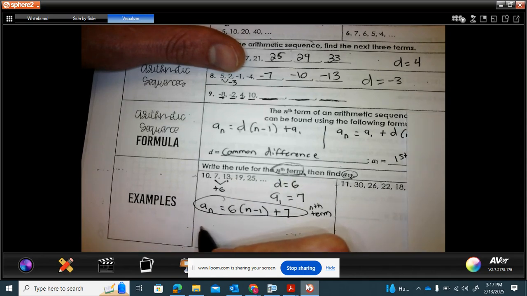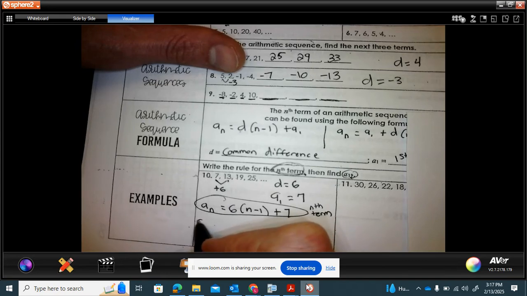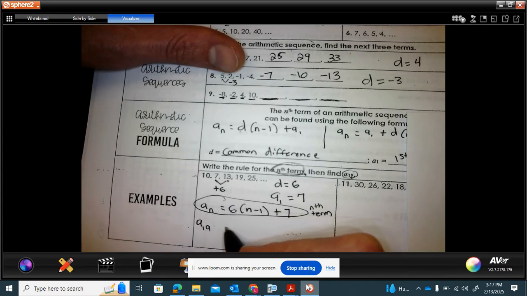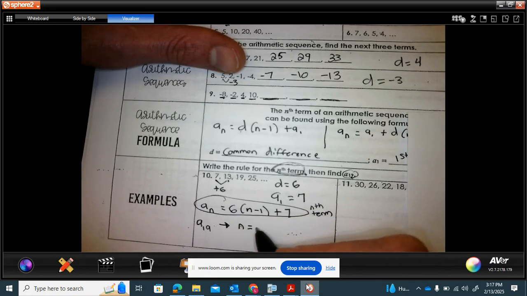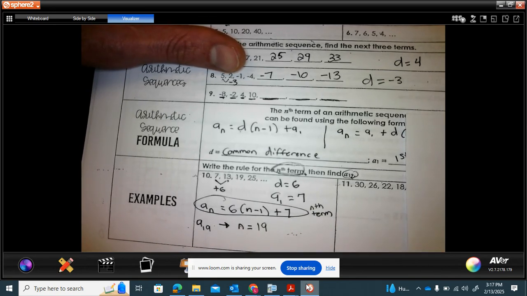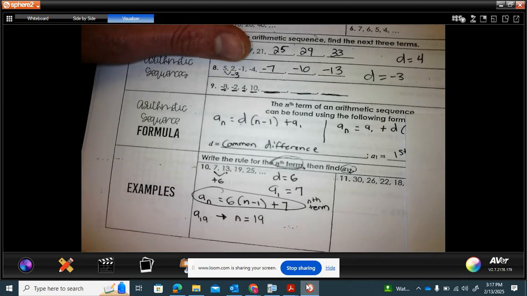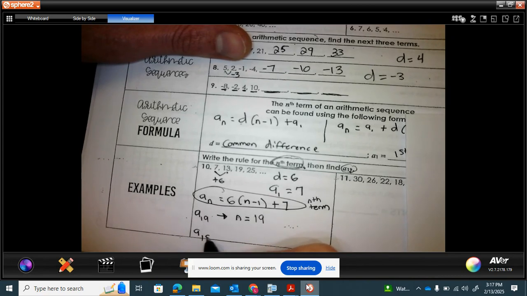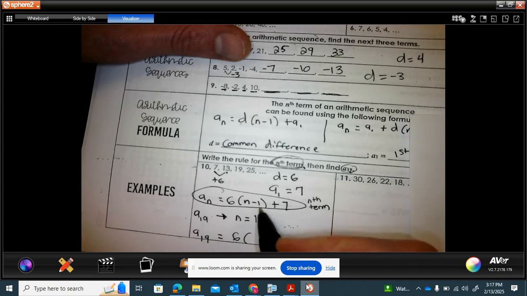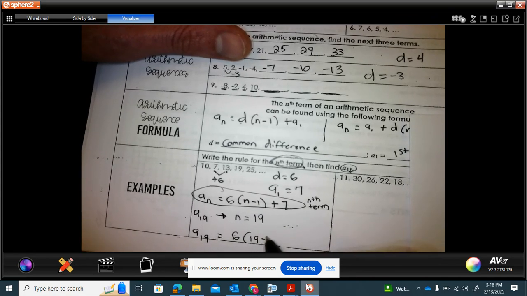Or what we could do is, because we want to find A_19, that means that n is equal to 19, because that's the term we want to find. So now we just have to replace n with 19. So it's going to be A_19 equals 6, instead of n minus 1, it's going to be 19 minus 1, plus 7.